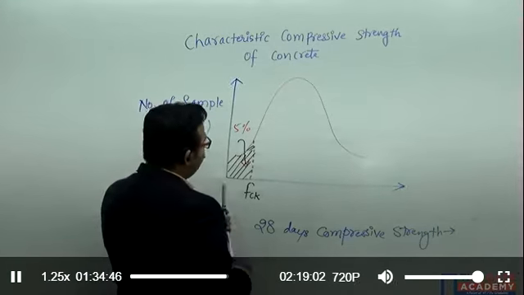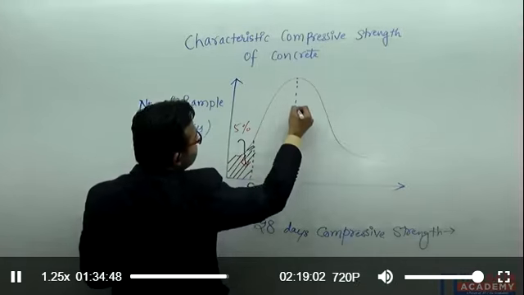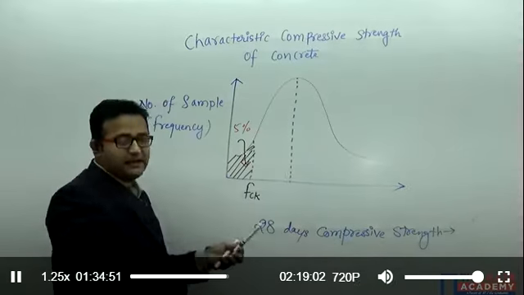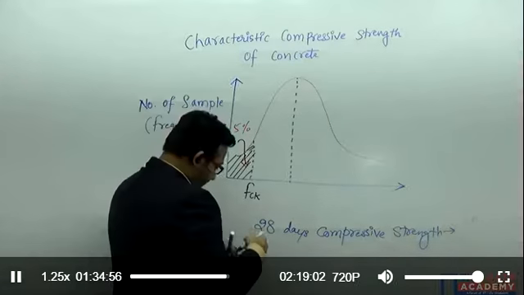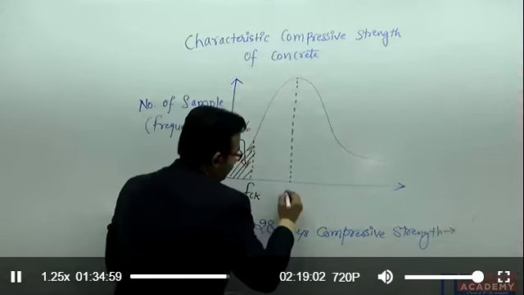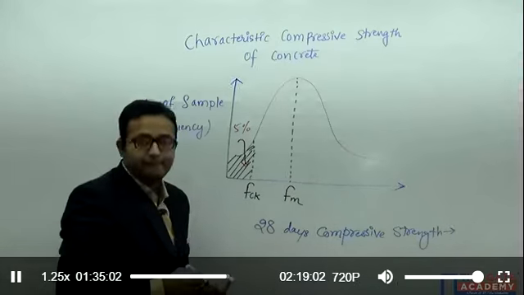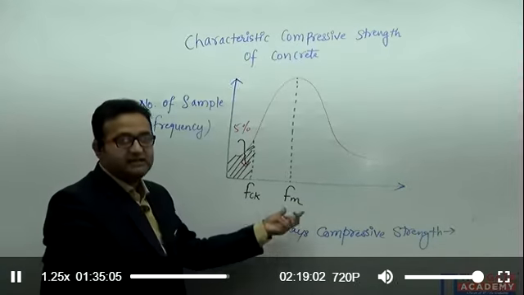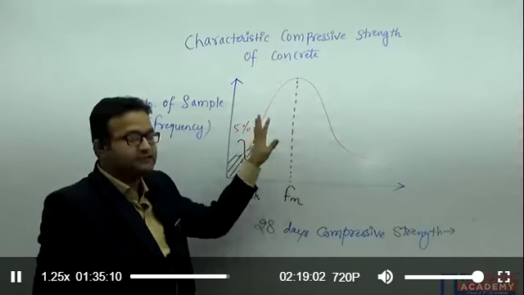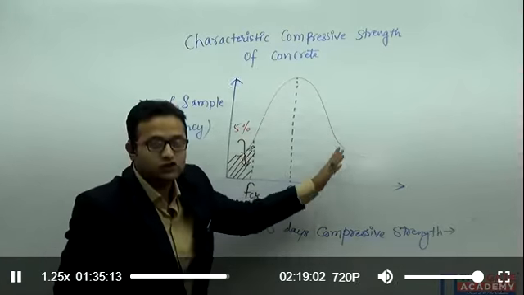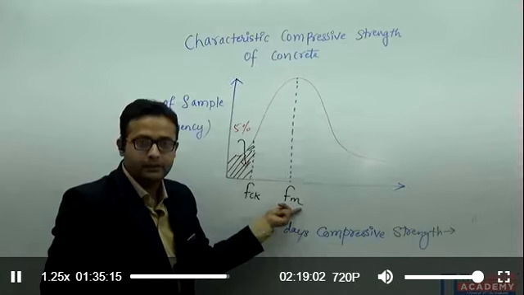See, if I draw one line somewhere here, what is the meaning of this? This is nothing but the mean. I generally denote the mean by FM. That means this FM divides the total area of the curve into two parts, 50% here and 50% here. So can I write the definition of FM? Yes, I can.